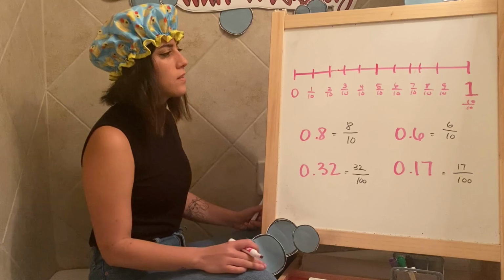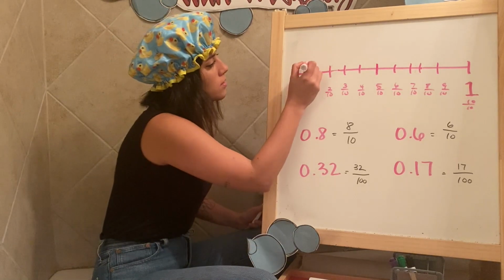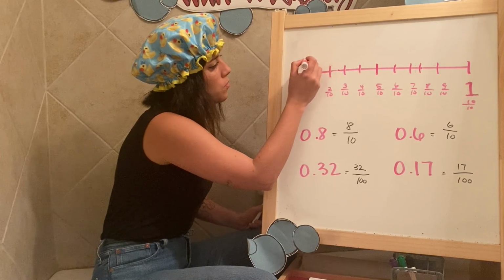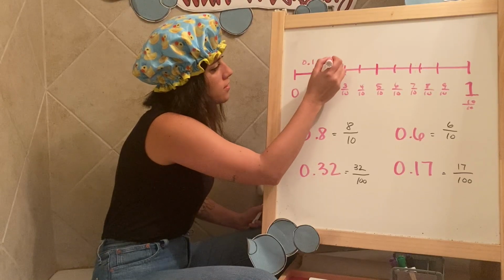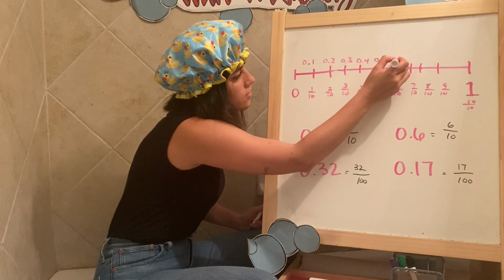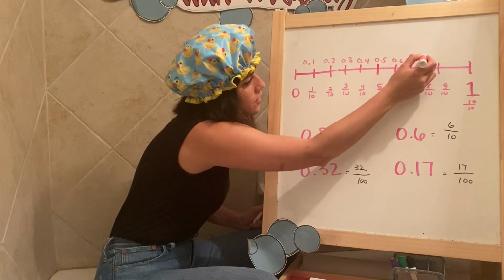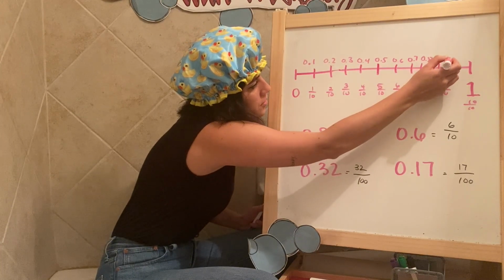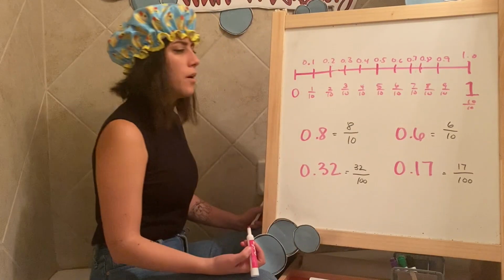Just like we did on the previous clip. Same thing with decimal. This would be 0.1, 0.2, 0.3, 0.4, 0.5, 0.6, 0.7, 0.8, 0.9, and 1.0.